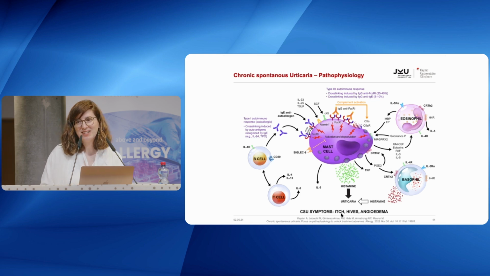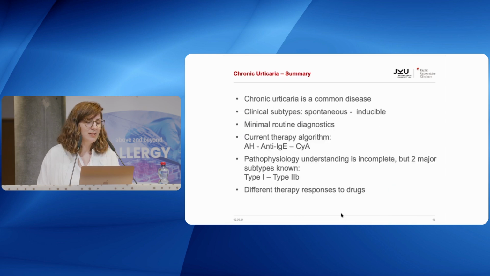And the mast cell is not a cell that's living on its own in its own little world, but it's really connected with a lot of other immune cells, and probably this is all much more complex. It's just an idea here on this slide. And better understanding of the pathophysiology has also led to more drugs being studied in this disease.